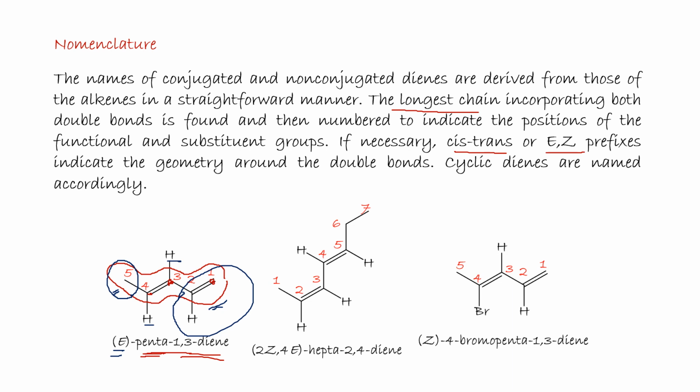Let's look at this one. The longest chain will be the one carrying the double bonds, and we count from the end closest to the double bond, so it will be 2 and 4, so it's hepta-2,4-diene.